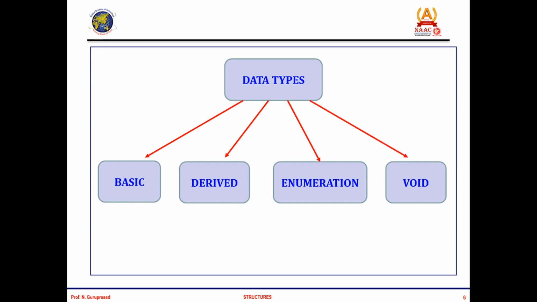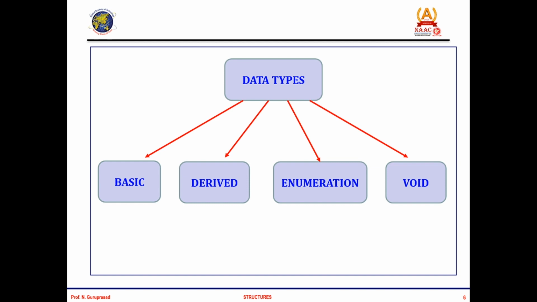Enumerated types are a special way of creating your own data type in C. As a matter of fact, these enumerated types allow us to create our own symbolic names for a list of related ideas. And the keyword that is used for enumeration is enum.